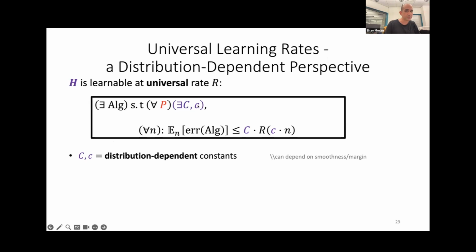So we have this capital C and small c. And for every n, the learning curve will be bounded by this order of R of n, right? So it's capital C times R of cn. The reason we have small c is for technical reasons, but morally what it says is that you have a constant that might depend on the distribution, but otherwise the asymptotic of the learning curve is the same.